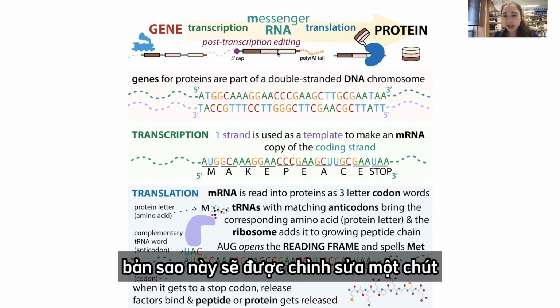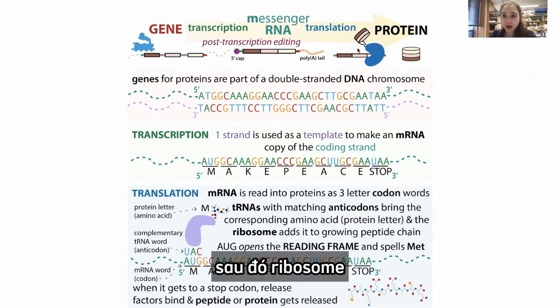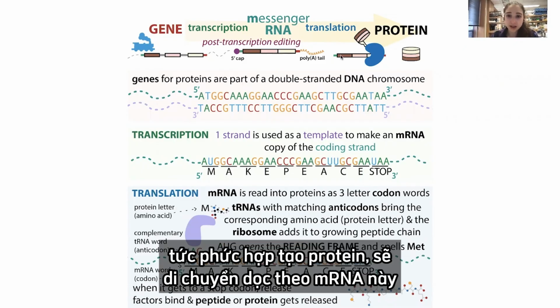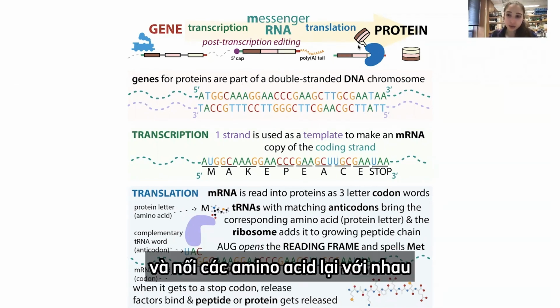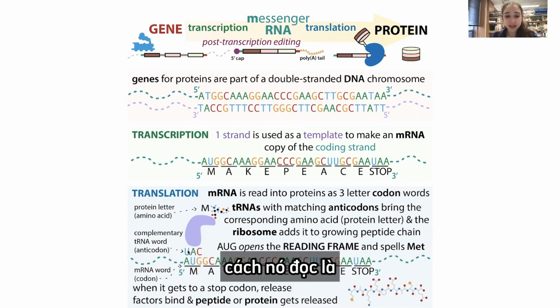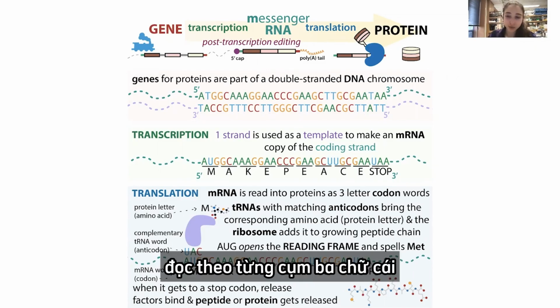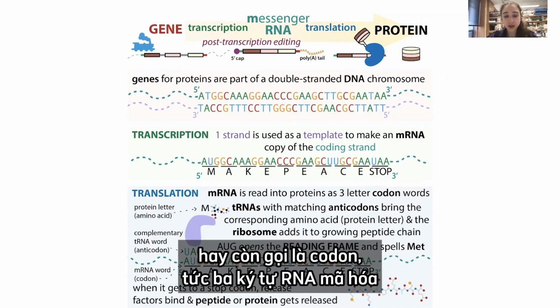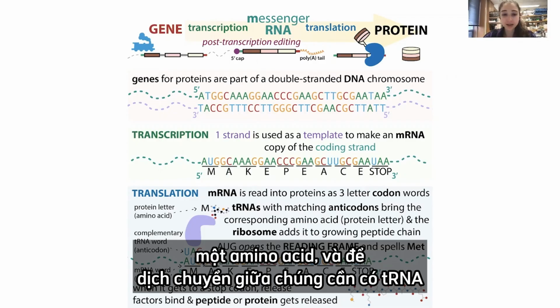That copy gets edited a little, and then the ribosome, this protein making complex, moves along the messenger RNA and links together the amino acids in the order specified by the messenger RNA sequence. The way it reads this is in 3-letter words, or codons. So three RNA letters spell one amino acid.